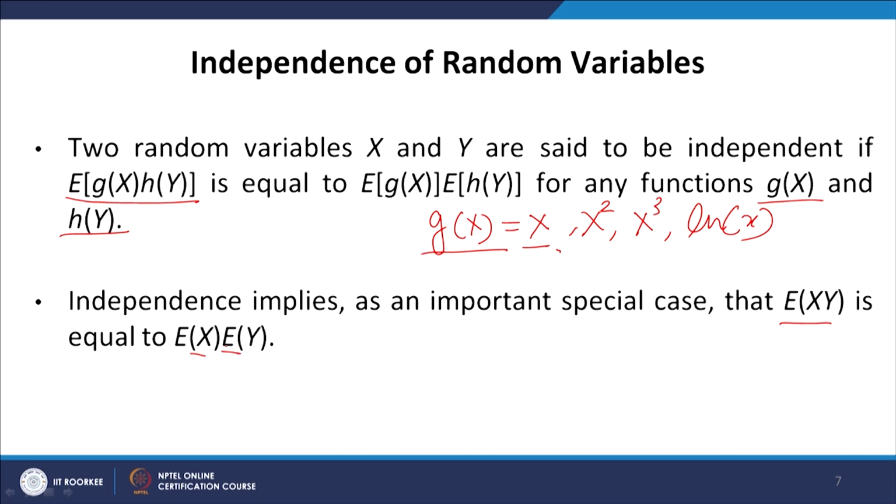Now, this is actually a very important thing to remember. Why this independence of random variables implies it so is actually outside the purview of the course. I am just introducing you to these concepts which we are going to use in the subsequent modules again and again.